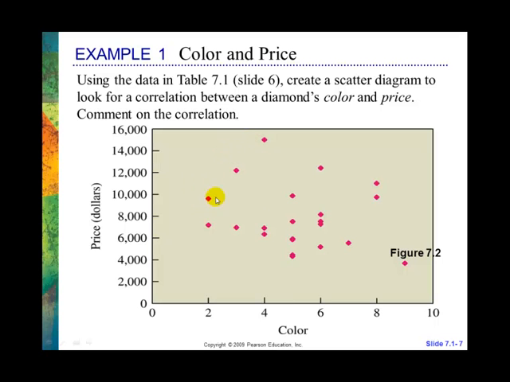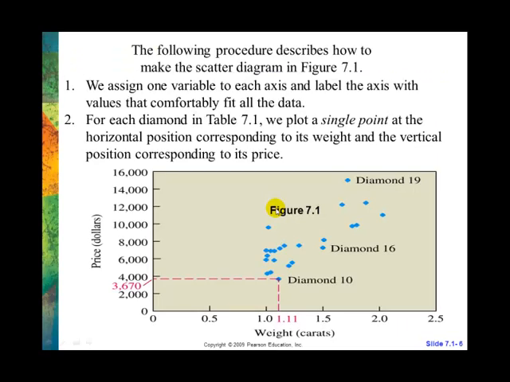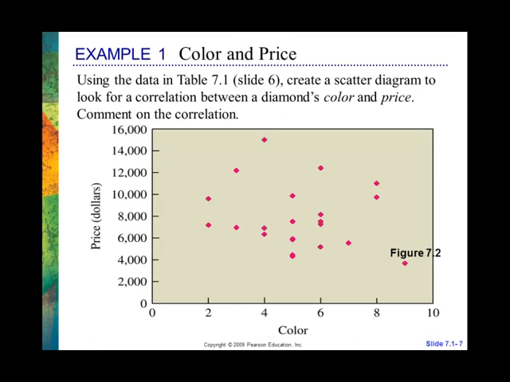But it's not as strong as weight. Weight is far more important in the price of a diamond than color, because the highest priced diamond had a color of 4, and the two clearest diamonds had prices of $6,000 and $10,000. But the one with the worst color did have the lowest value. So yes, there is a downward correlation, but it's not heavy.